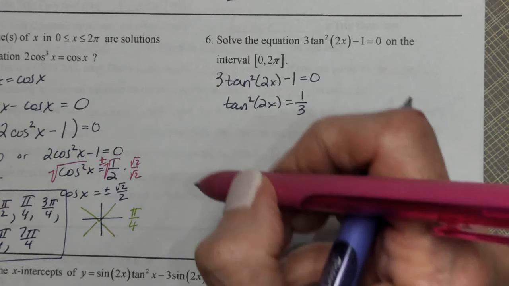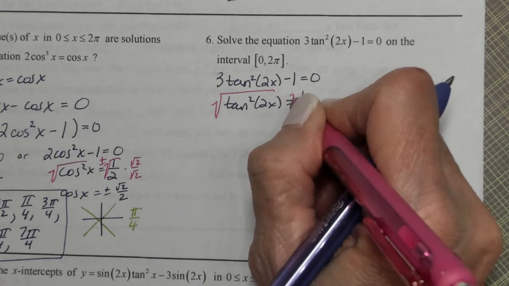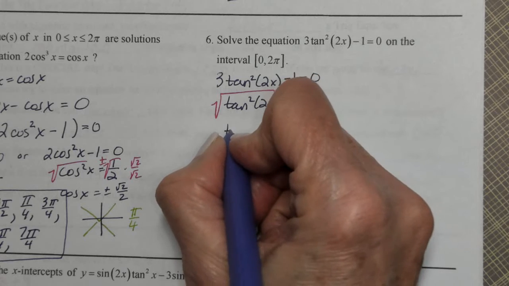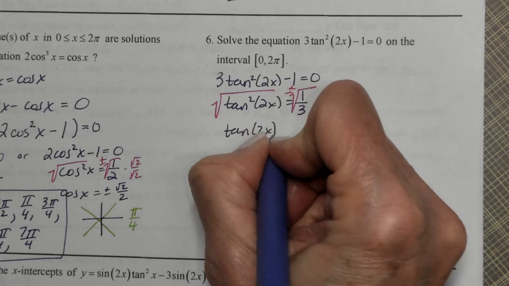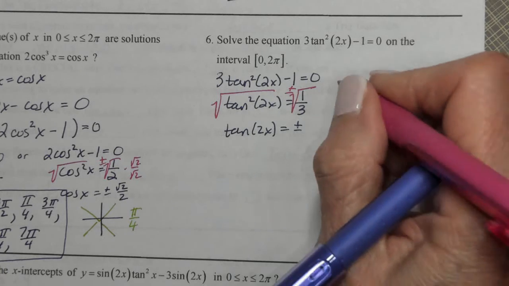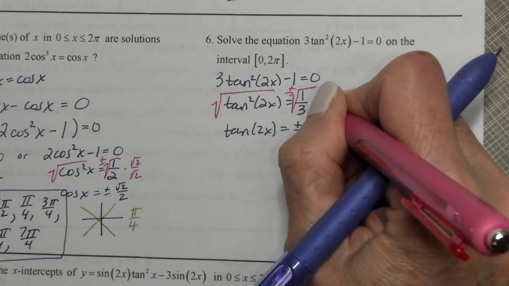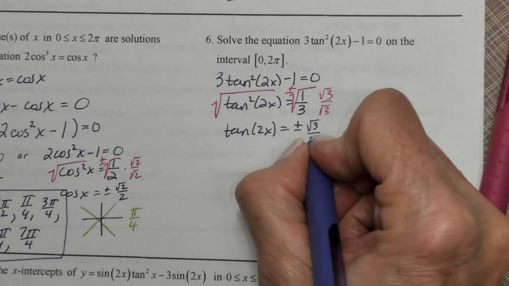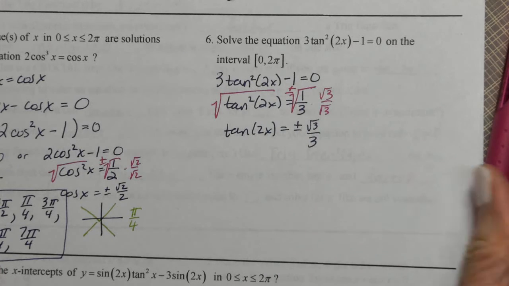And now I'm square rooting both sides, putting my plus or minus. So I'll have tangent of 2x is plus and minus 1 over square root 3, which is square root 3 over 3, right?